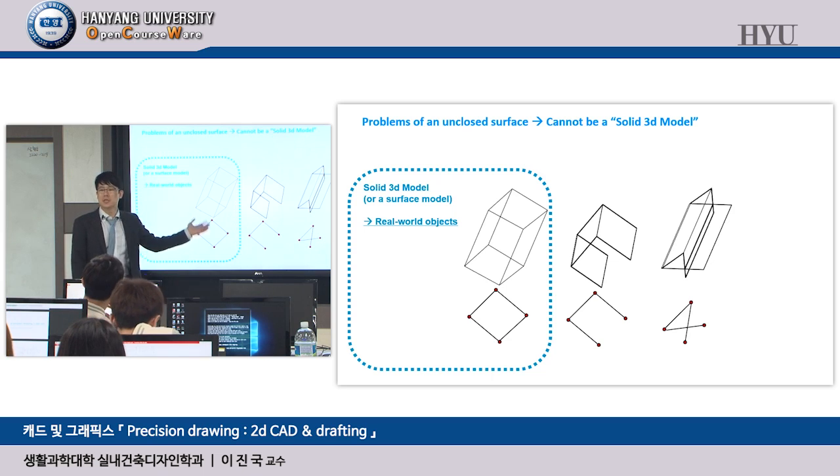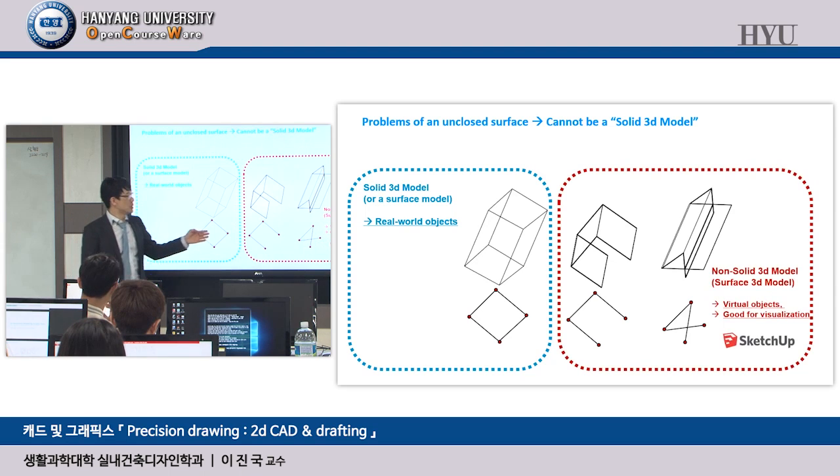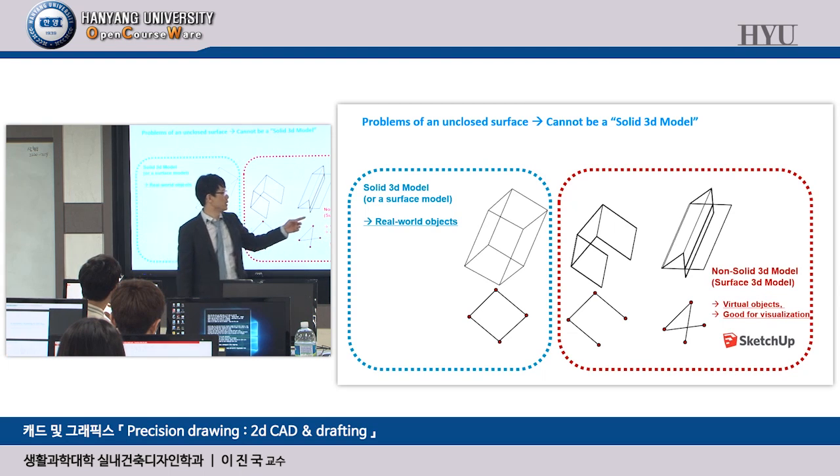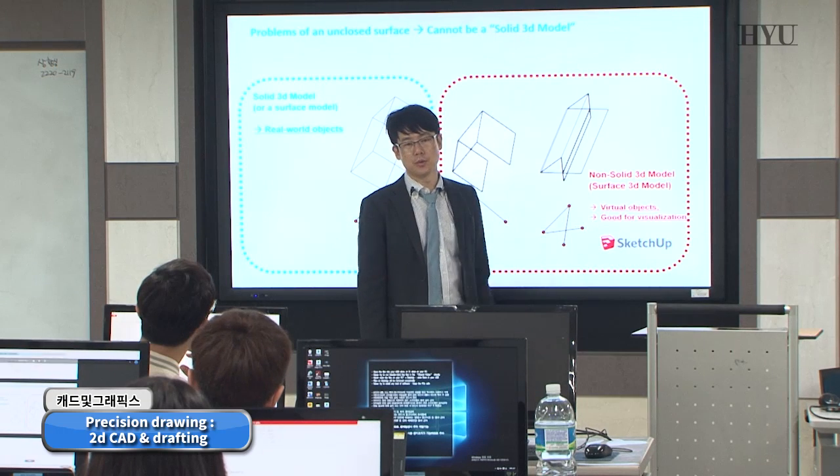We are dealing with physical objects, which have volume, thickness, weight. So these are real world objects, solid or even surface models. But this one can only be handled by a non-solid 3D model, the so-called surface-based 3D model. Simply said SketchUp, 3D Max, Rhino, okay?